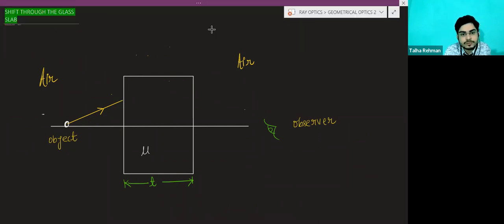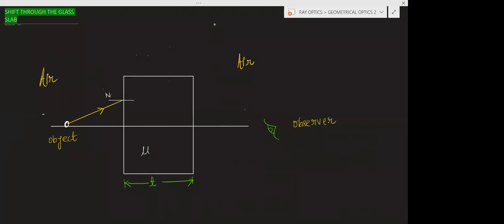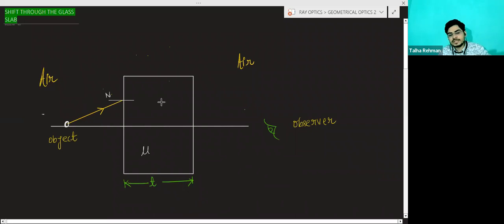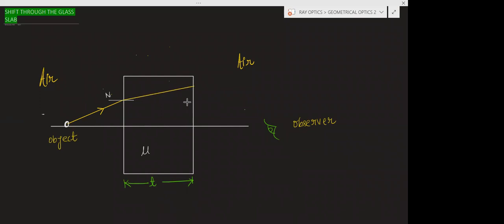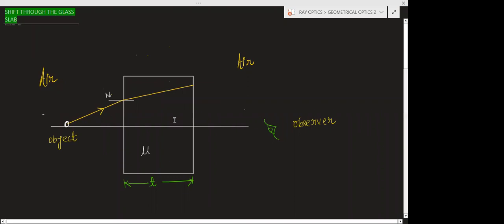This is the normal. As the light ray is moving from the rarer medium to the denser medium, it will bend towards the normal, like this.